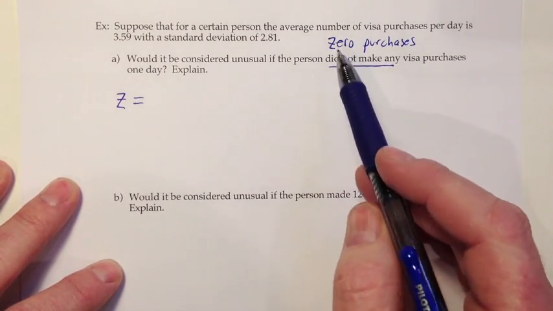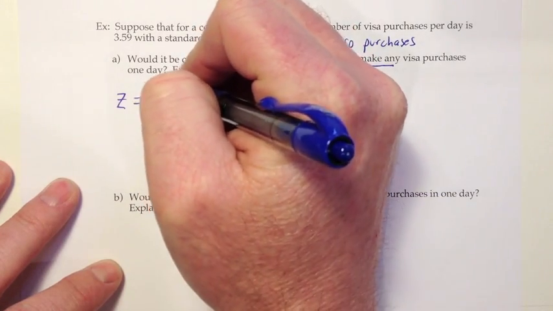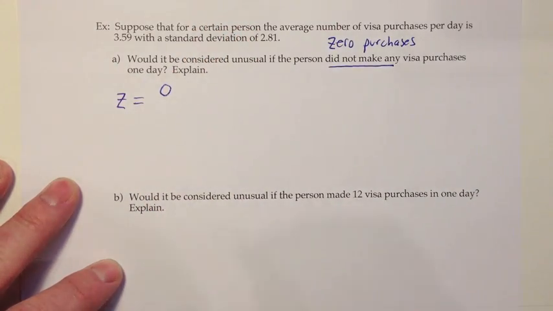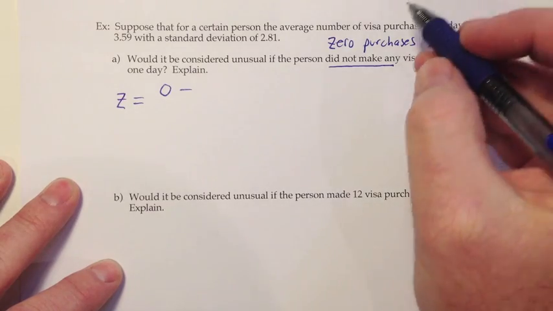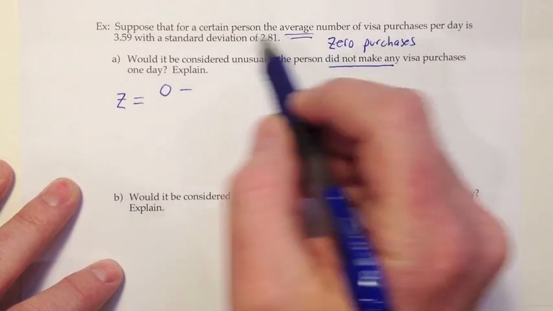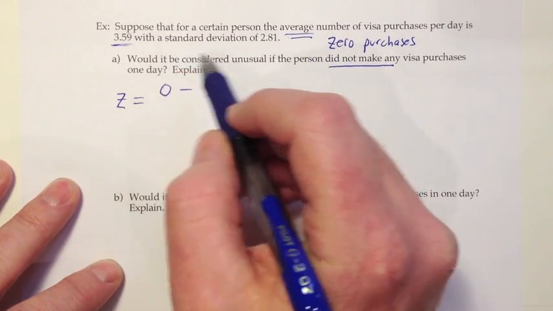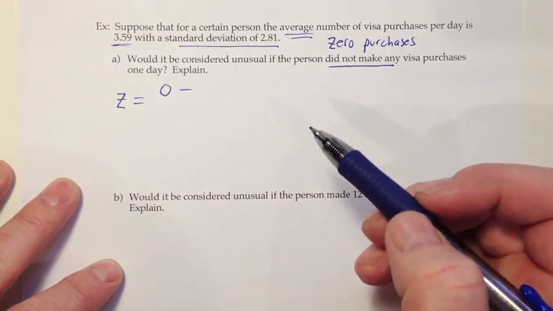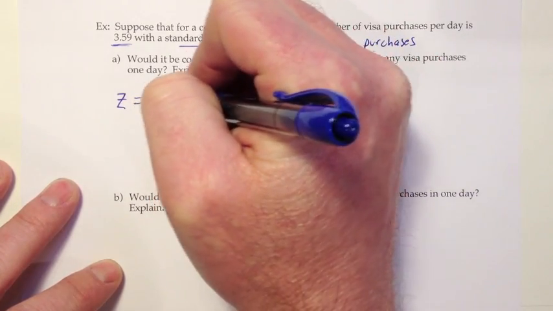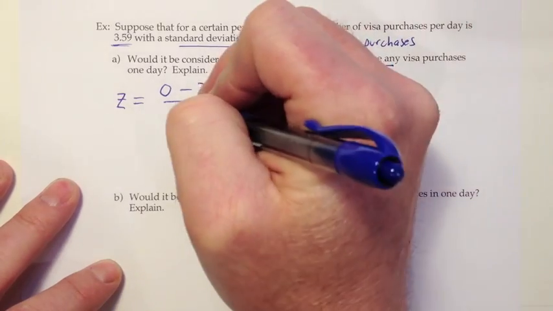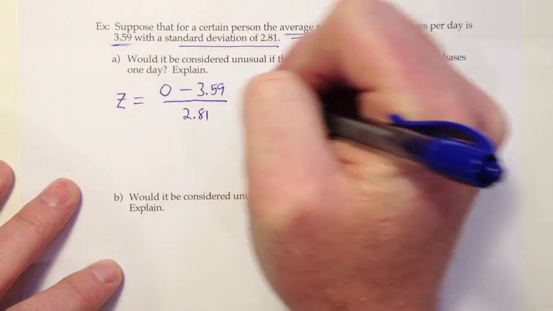It means 0 purchases were made. So that's the value in question that I'm wondering, is that unusual? And then I would want to subtract the mean, and it says here that the average or the mean is 3.59 and the standard deviation is 2.81. So subtract the mean, divide by the standard deviation, and see how that turns out.